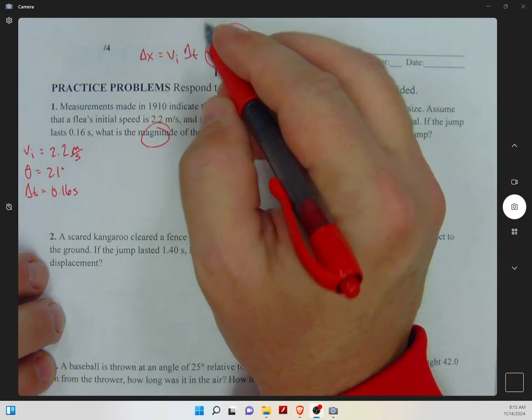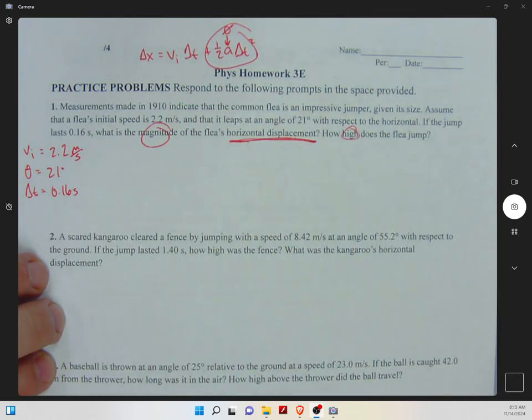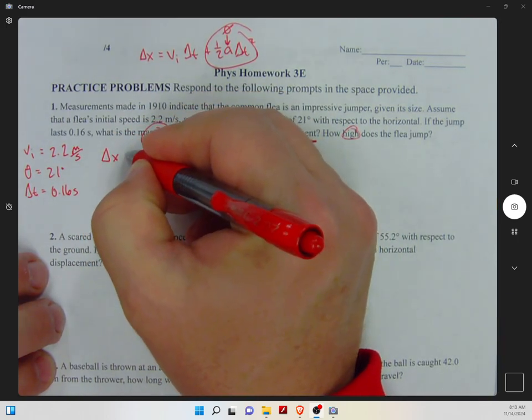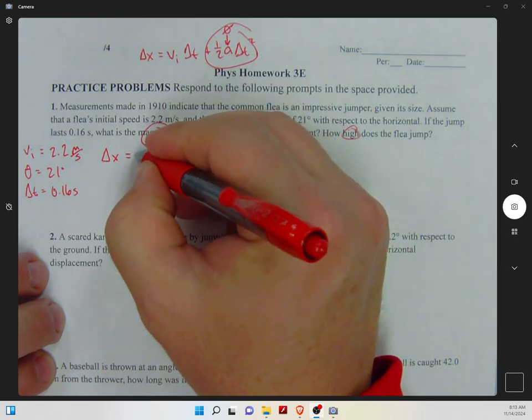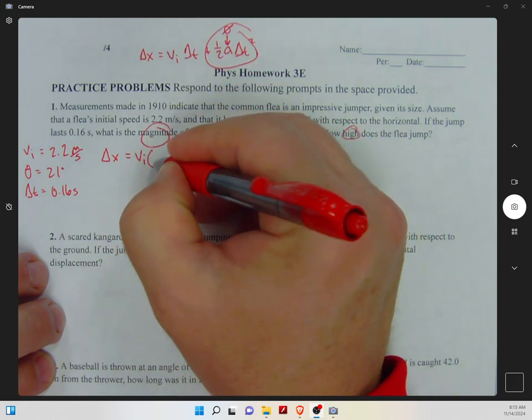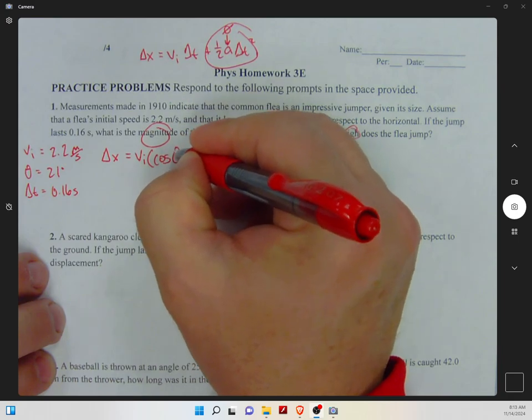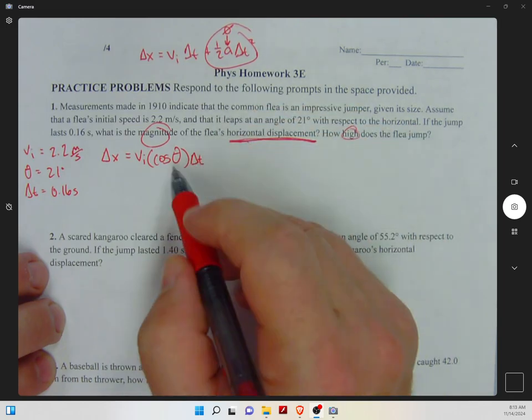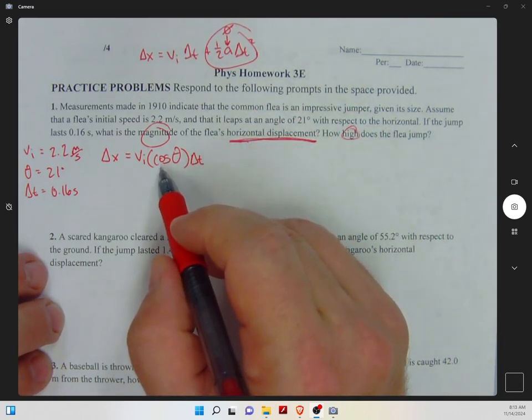And so this initial velocity is the initial velocity of the overall resultant vector. If I only want the x component, the horizontal component, I am actually going to make a small change to the equation as I have it. I'm going to take the initial velocity and multiply it by the cosine of theta. So I got to have my delta t. But the cosine of theta is going to give me the adjacent side of the triangle.